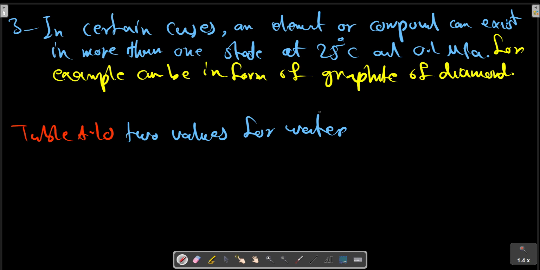One is for liquid water and the other for gaseous, both at the reference state of 25 degrees centigrade and 1/10 megapascal.